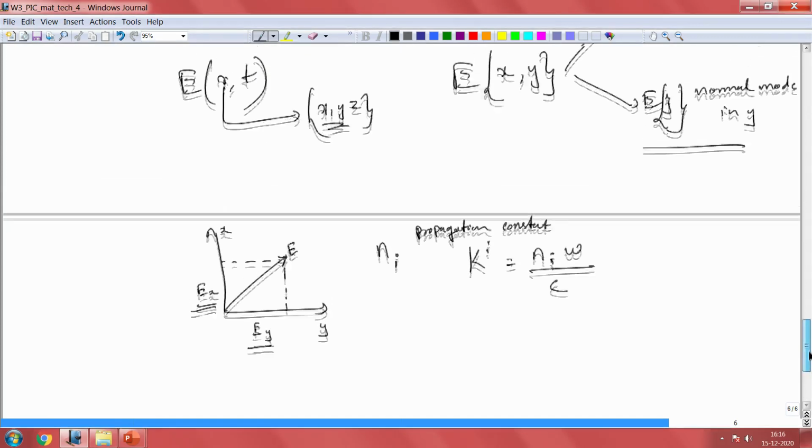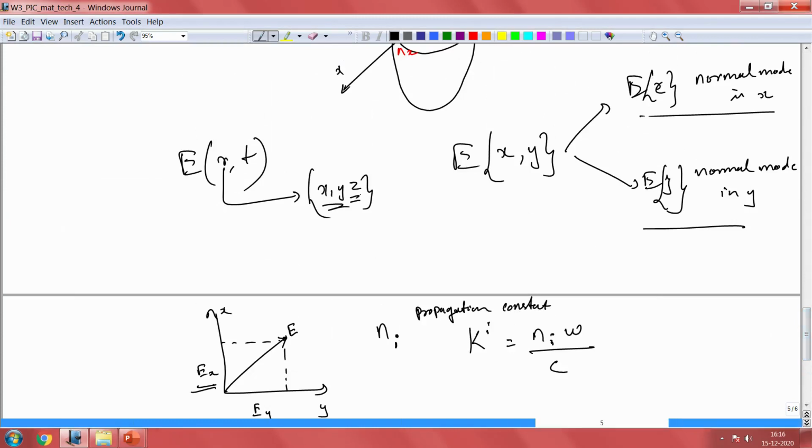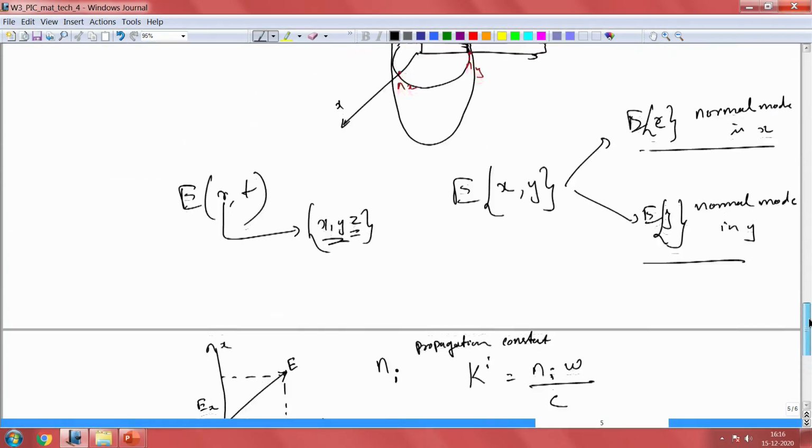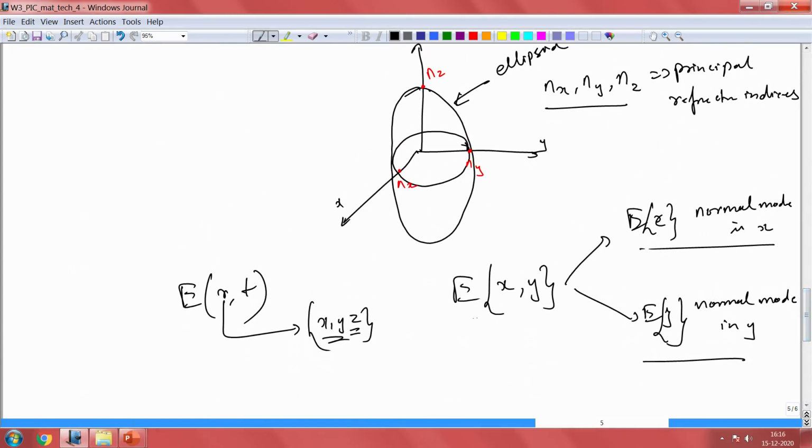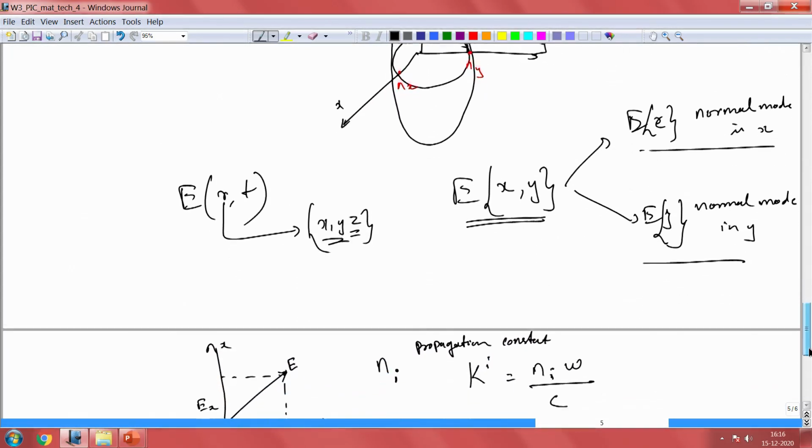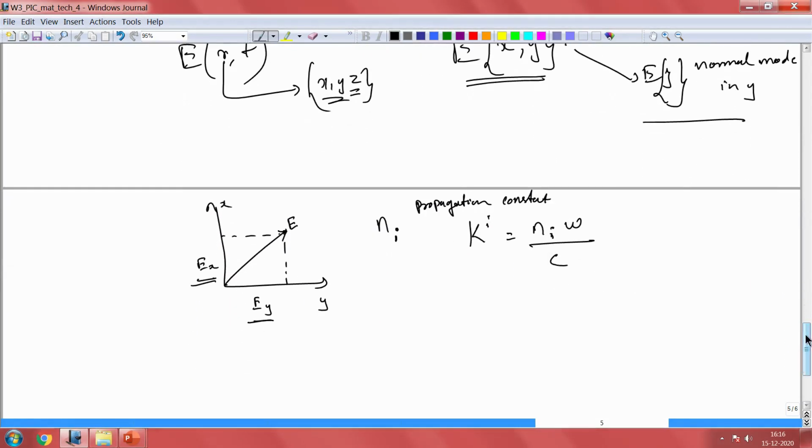That is the reason z really does not matter, because the light is propagating in the z direction, but its electric field is in the x and y directions. So x and y are important in defining the polarization, not z.